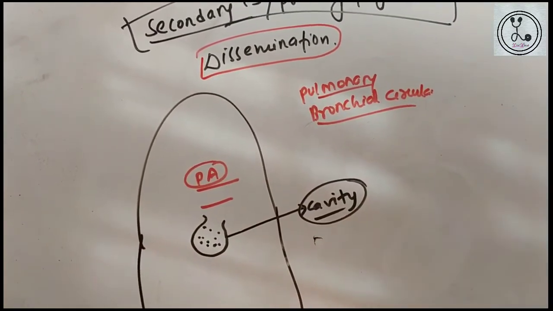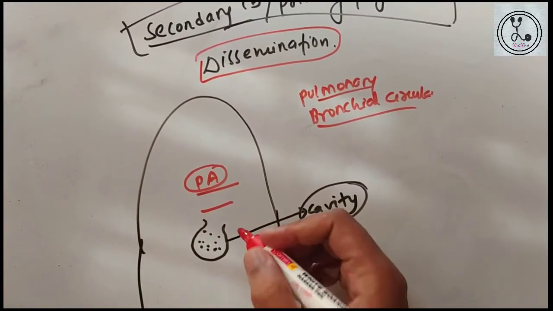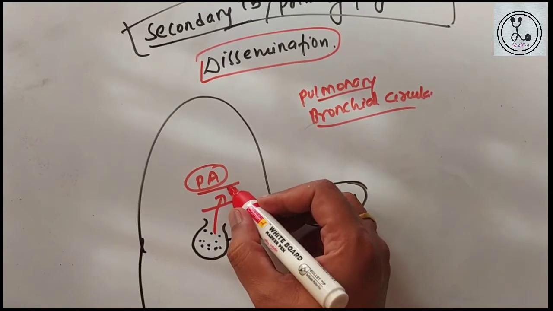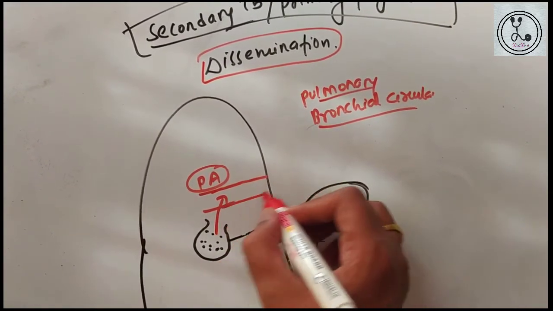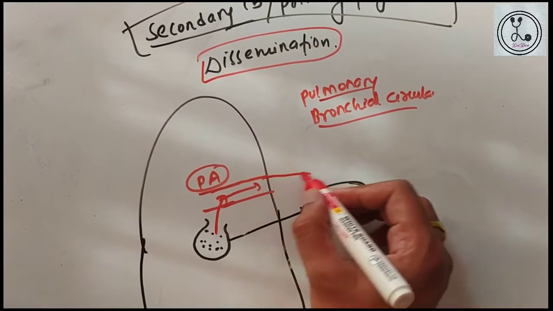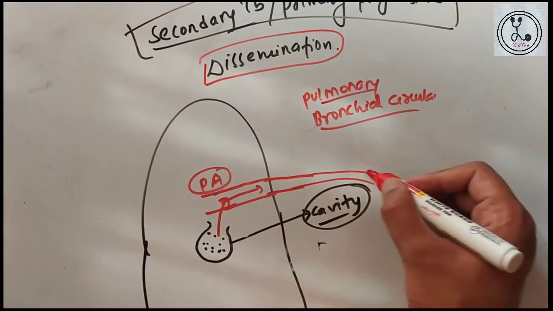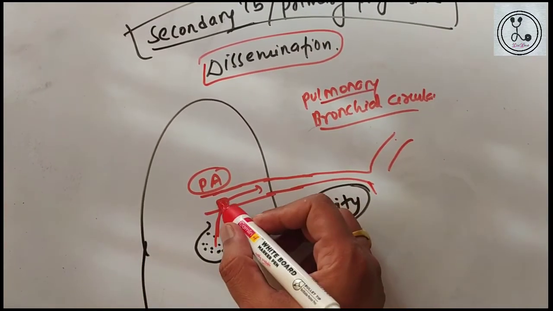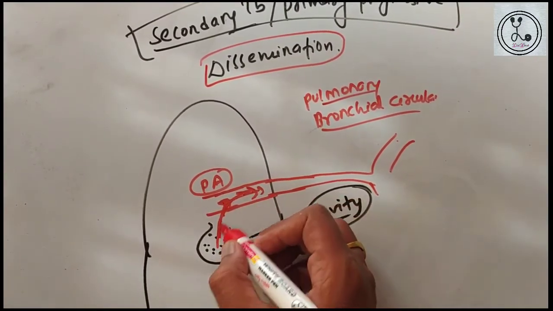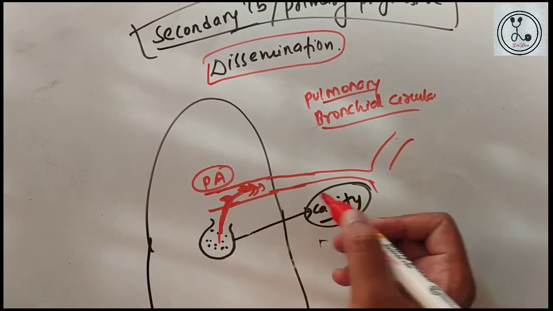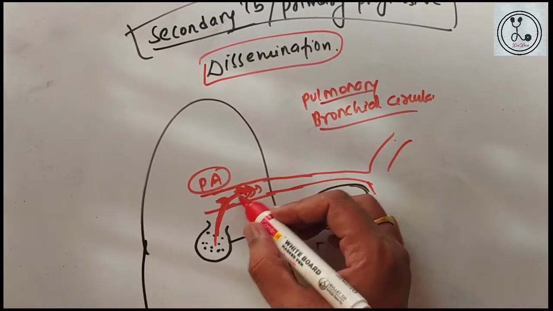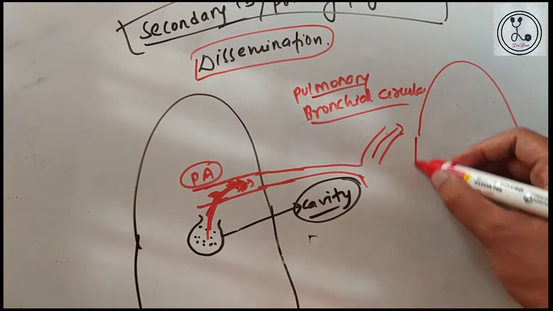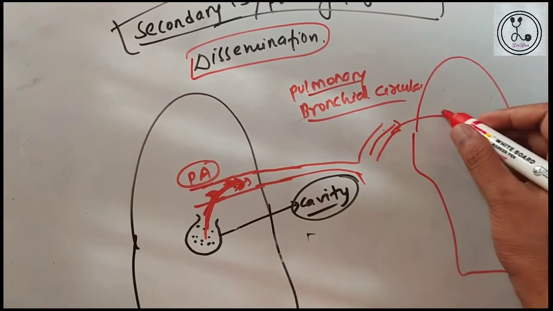Let us suppose the pulmonary circulation is involved by the bacteria. The pulmonary arteries of both lungs are connected. So if the bacteria are on the right side of the lung and involve the pulmonary artery, they can go into the left lung as well.